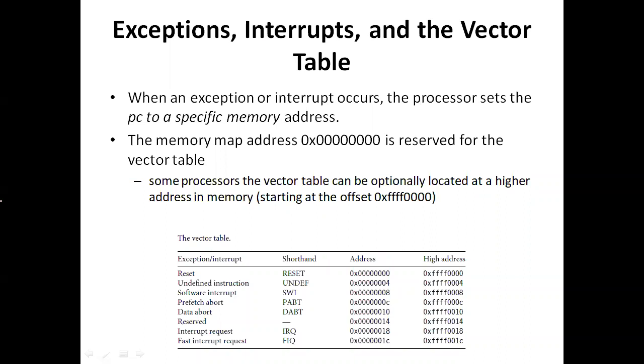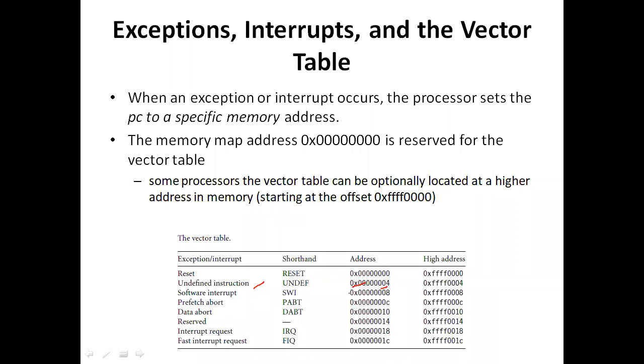Here is the table that shows some of the reserved memory locations. When there is a reset to the ARM processor, the PC will be automatically loaded with address 0x00. When there is an undefined instruction, the PC will be set to 0x04.